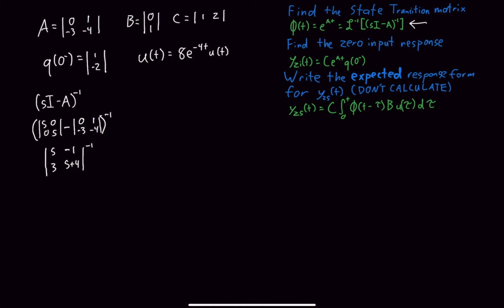The inverse of a matrix is the same as the adjoint matrix over the determinant of the matrix. I'll write it out so it's clear.